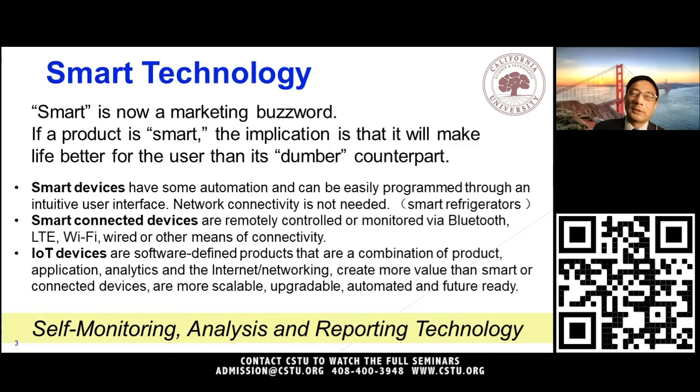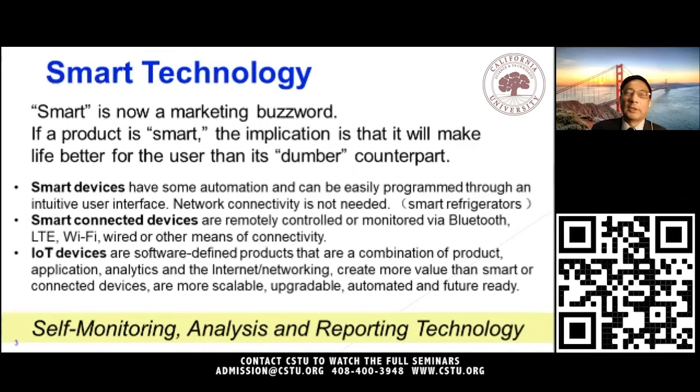It's a combination of the physical product, the analytic tools, the internet network, and human monitoring. A lot of things combined together. When we use that device, then we become smarter. Somebody says smart is self-monitoring, analysis, reporting technology. They use that type of terminology. So those are the terminology games. We call this smarter.